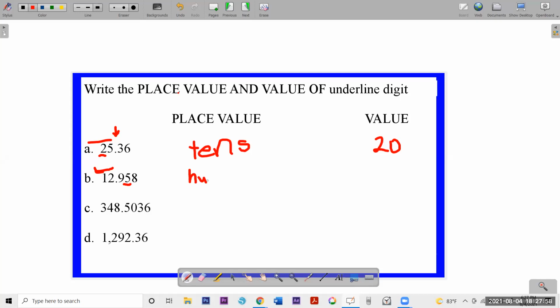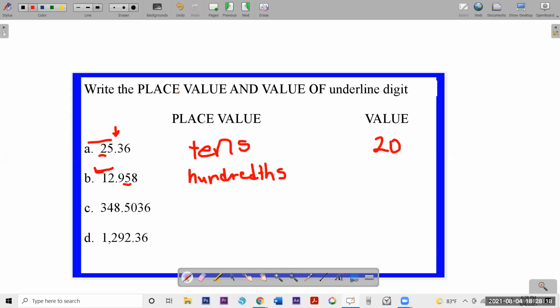And you have to write out the word because that's what place values are. Hundredths. Just like how we have tenths, you have to write hundredths. Everybody with me? And so what would our value be?